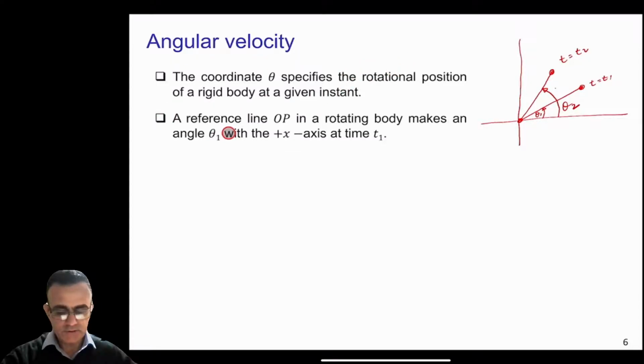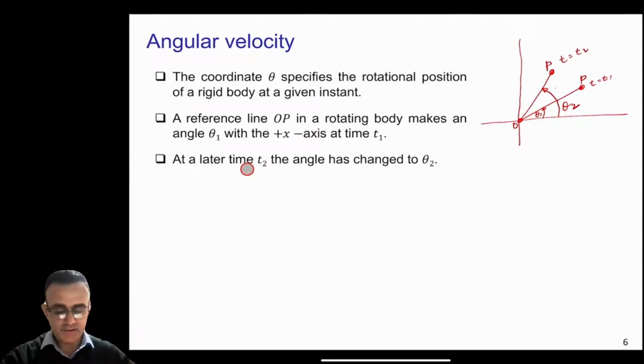A reference line OP on the rotating body makes an angle theta 1 with the positive x-axis at time t1, and at a later time t2 the angle has changed to theta 2.